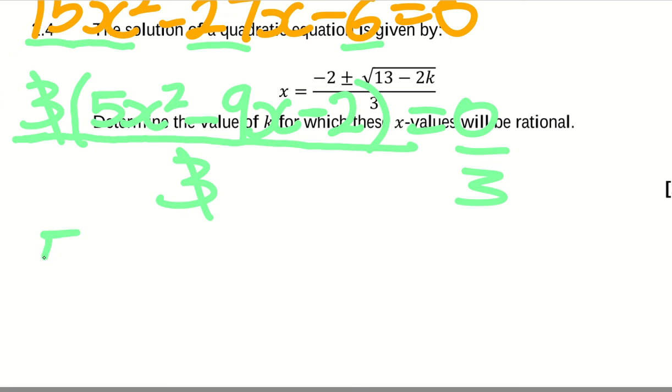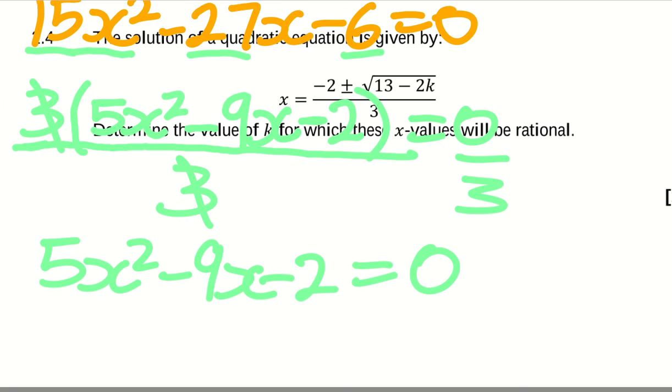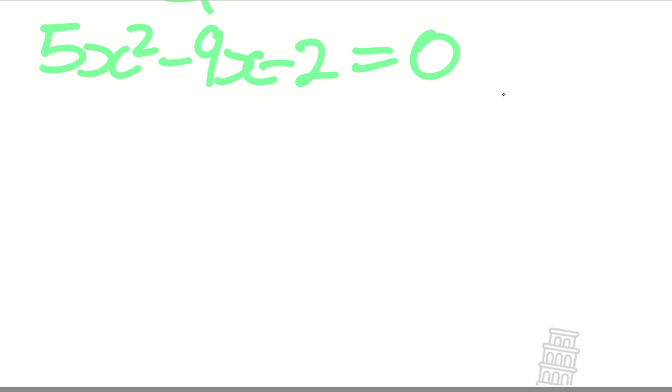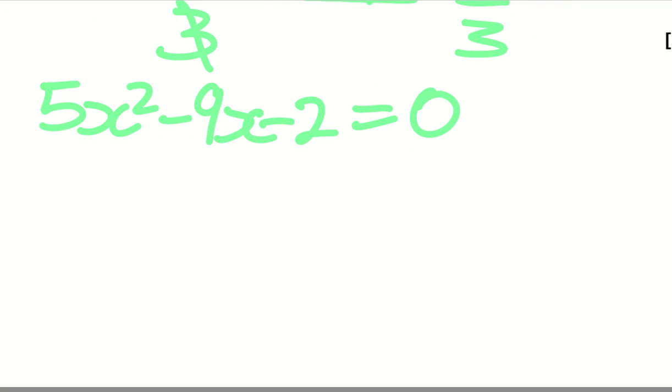Then I'm left with what is in the brackets, which is 5x squared minus 9x minus 2, then equals to 0 divided by 3. It will just be 0. The 0 won't change. If you divide 0 by any number, it won't be affected, right? Then here, the trinomial, now you can't take out a common factor from it. We already simplified it. So the next step will just be to factorize.